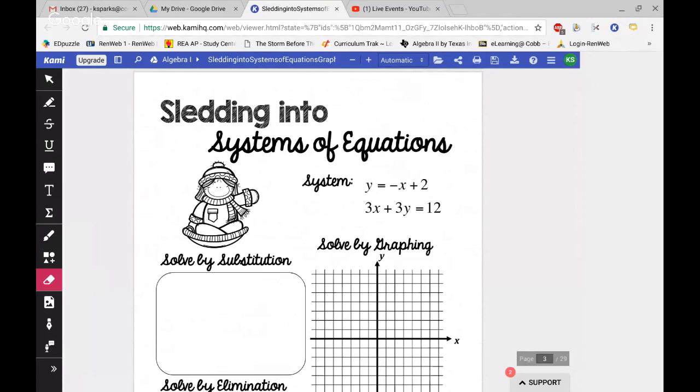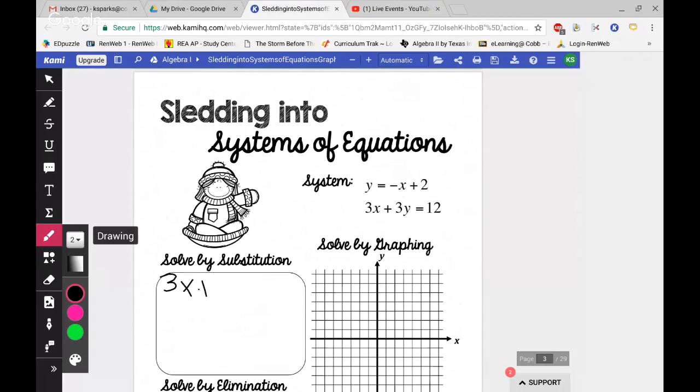Yes, ma'am. Okay. So for substitution, what you're going to do is substitute in for y, because this is telling us what y equals, and here's a y. So you'll substitute for y this value right there, which is negative x plus 2, equals 12.